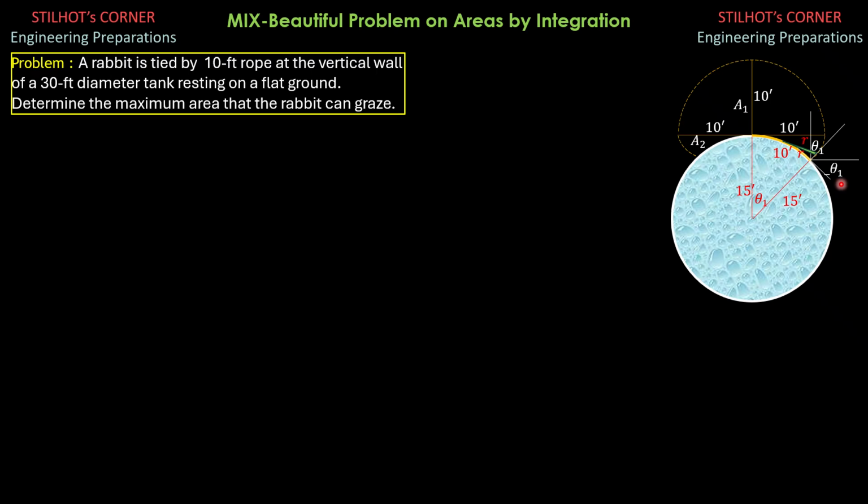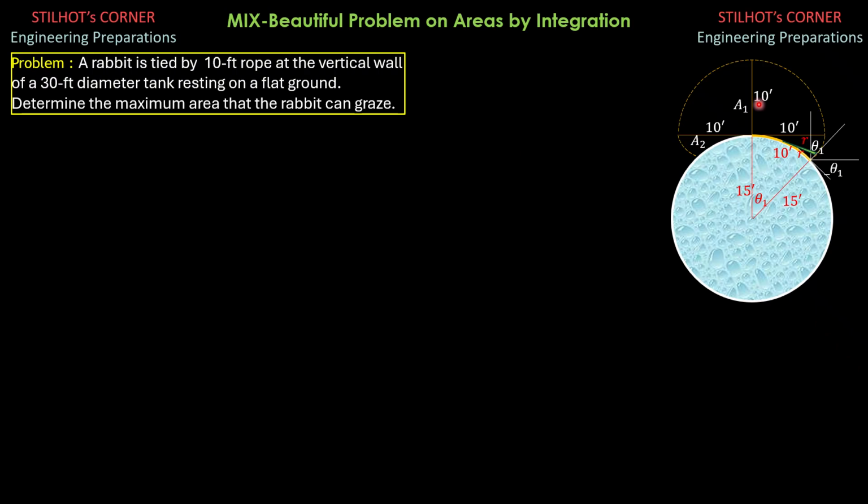That's the explanation. So this is theta 1. To solve for theta 1, let's consider this sector, where the arc length 10 feet is equal to radius times central angle theta 1.